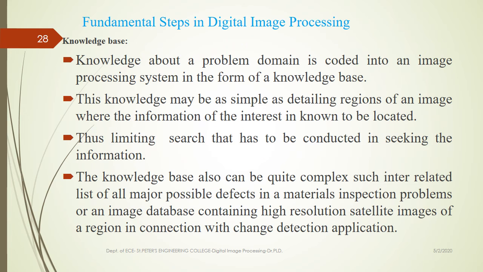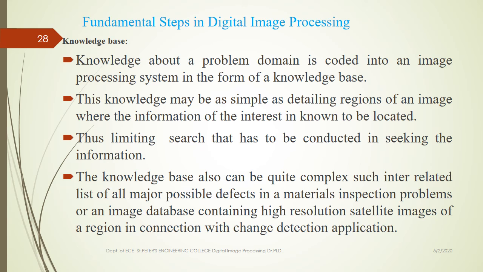digital image processing. The knowledge base is interrelated with all the blocks already described. Knowledge about a problem domain is coded into an image processing system in the form of a knowledge base. This knowledge may be as simple as detailing regions of an image where the information of interest is known to be located, thus limiting the search that has to be conducted in seeking the information.